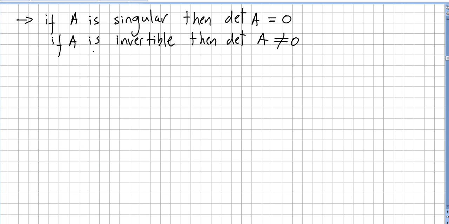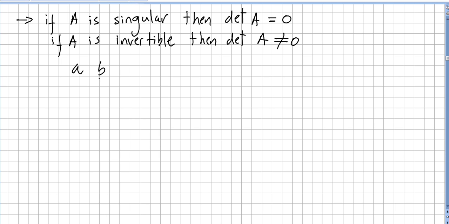Another property: if A is singular or non-invertible, then the determinant of A will be 0. If A is invertible or non-singular, then the determinant of A will be different from 0.